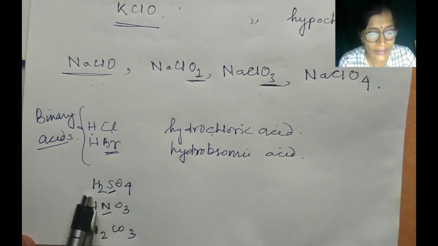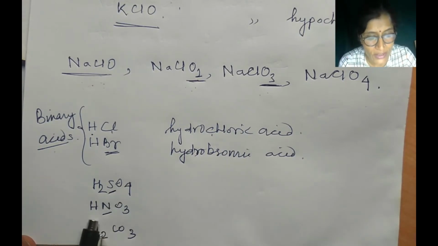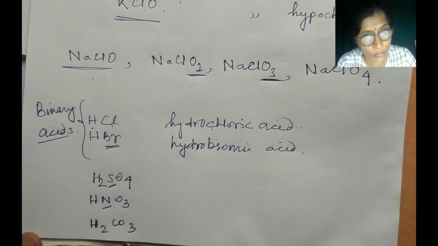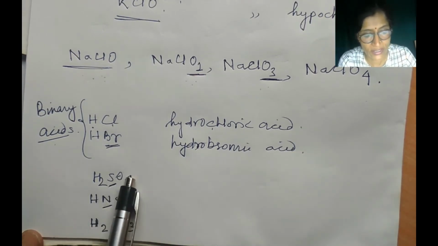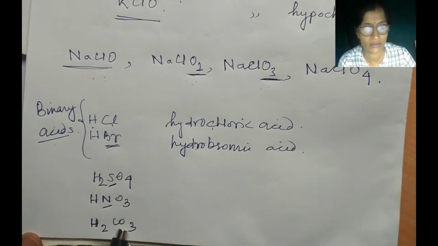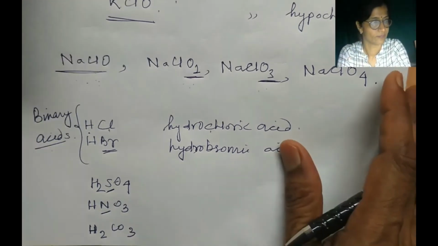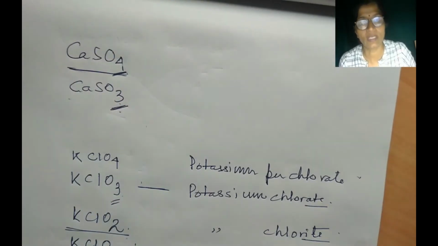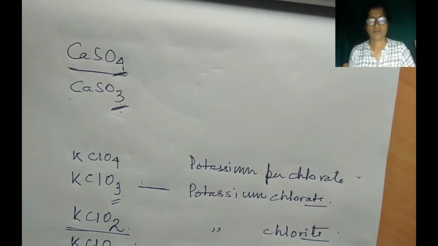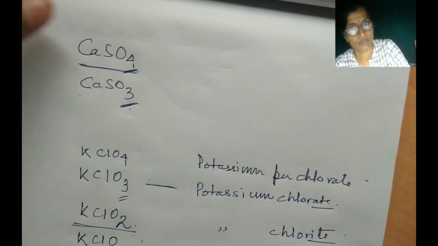Sulfuric acid, nitric acid, carbonic acid are the common names actually. So this is all about how we write the name of a compound if the formula is provided to you.